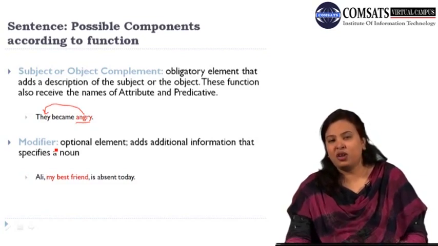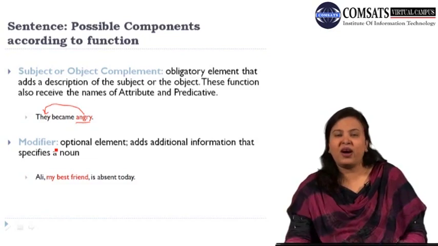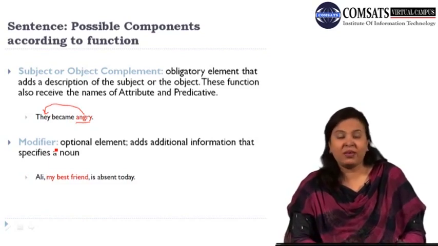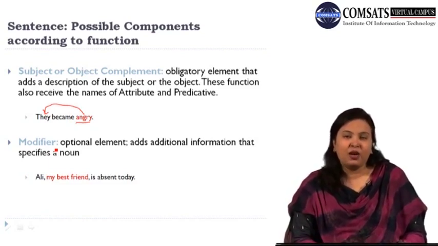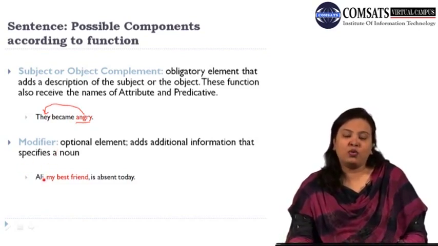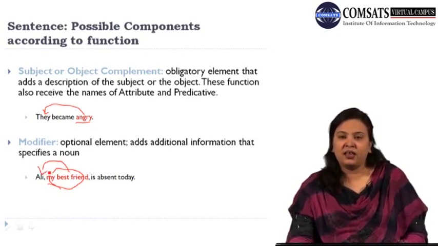I mean some additional information that is provided with respect to a noun, like Ali. Ali is absent today. Now my sentence is complete, but when, in commas, I put some additional information about who Ali is, like this: my best friend. And who is my best friend? He is Ali. So I am giving certain additional information about Ali, about the subject.